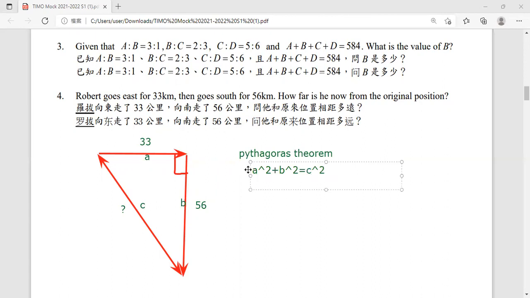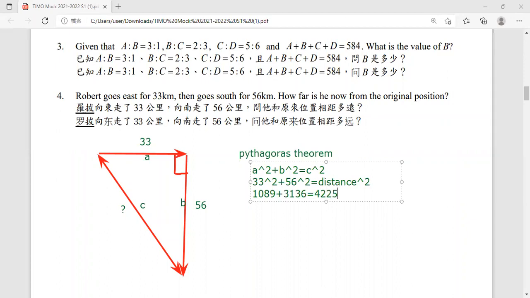So you just substitute 33 squared plus 56 squared is equal to the distance squared. So adding up, 56 squared, 56 times 56, okay, I got it.